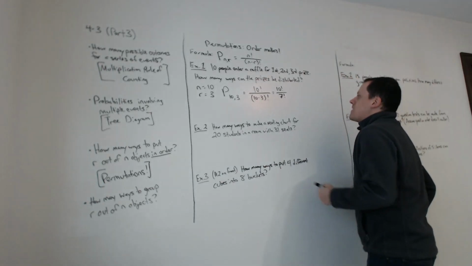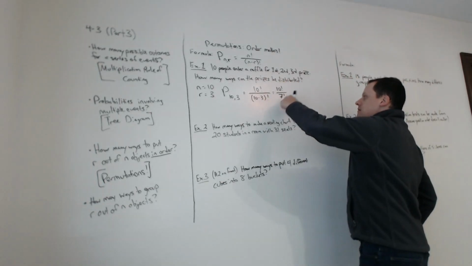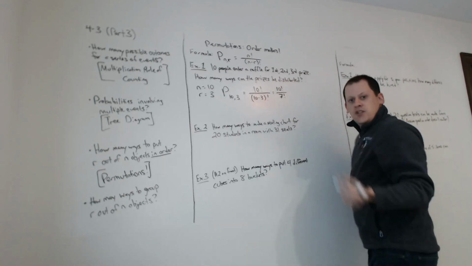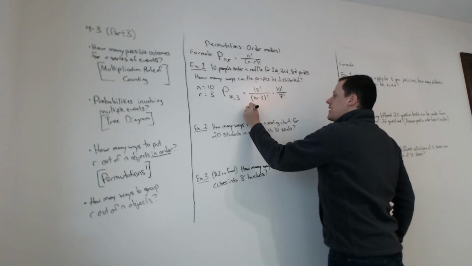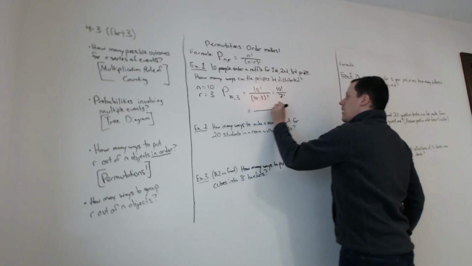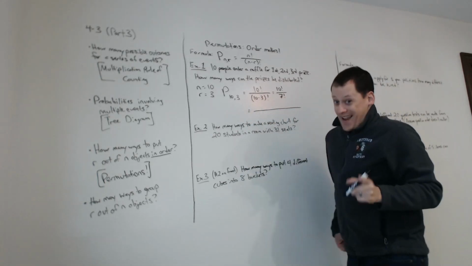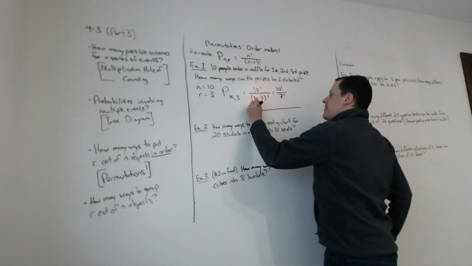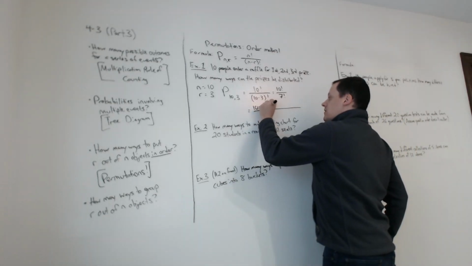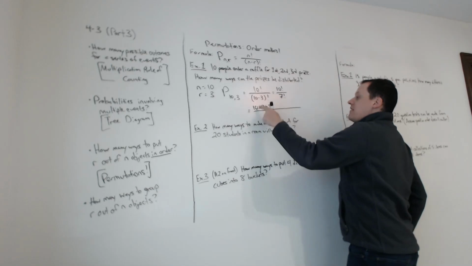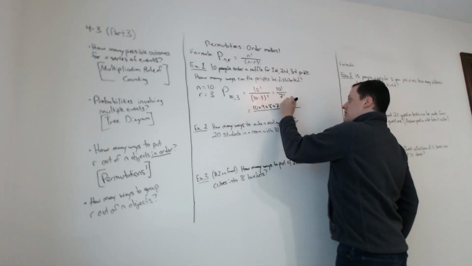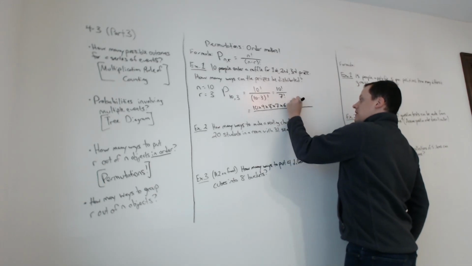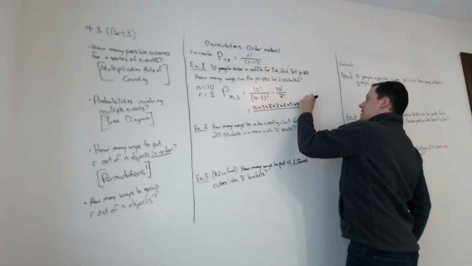Okay. So we just need to calculate what this is. So let's use the idea of a factorial here. I'm just going to write that down here. I'm going to write it out. I'm not always going to do this, but I think you'll be interested to see how this works. So on the top, we're just going to have 10 times 9 times 8 times 7 times 6 times 5 times 4 times 3 times 2 times 1.